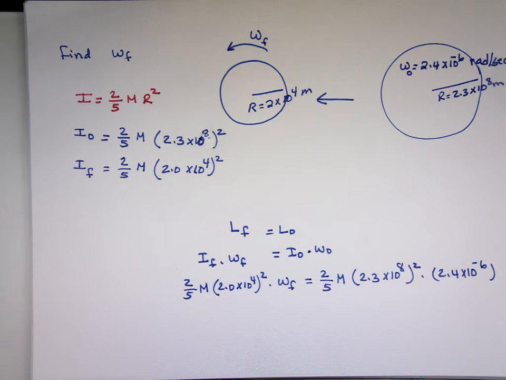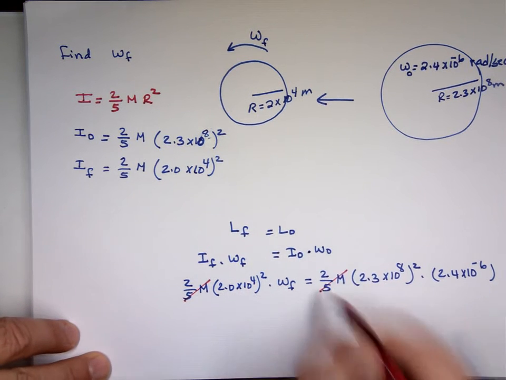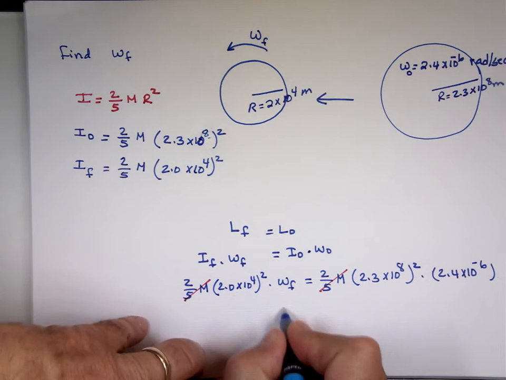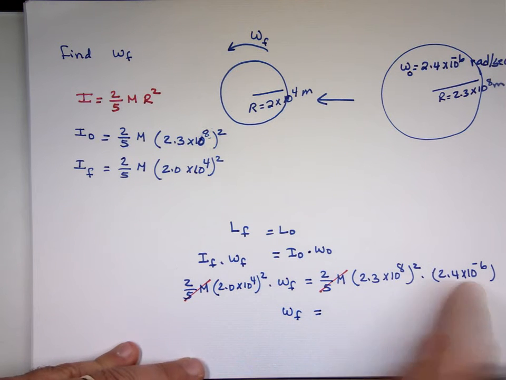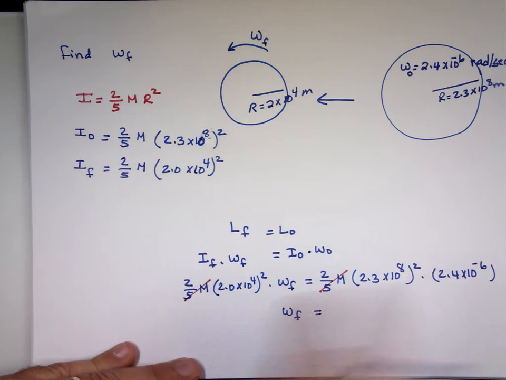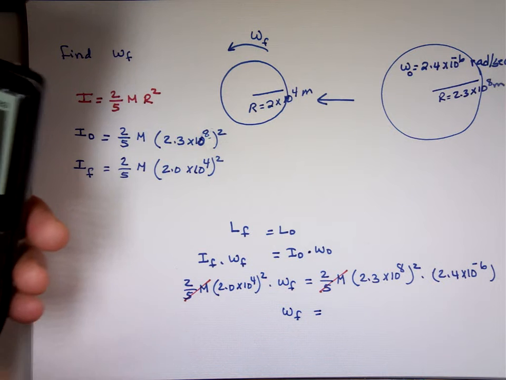If you look at that, you'll notice 2/5 m on both sides, so you can just drop them out. Can you calculate what W_F is? This times this divided by that number.